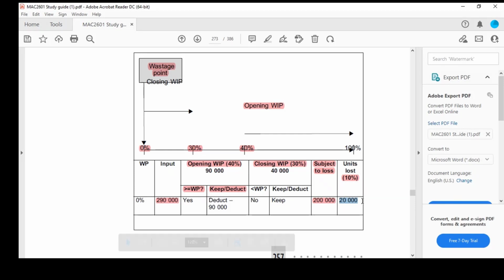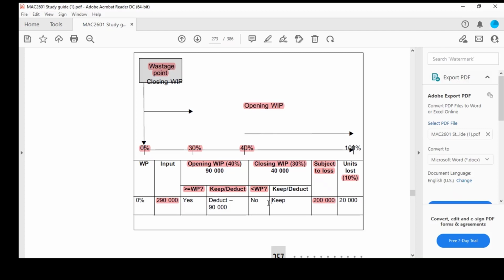Does it make sense? Yeah, thank you. Yeah, I think it does. I have a simpler way of understanding it. If they tell me my wastage point is at the beginning of the process, like this question says, I say it's past the beginning, 0.